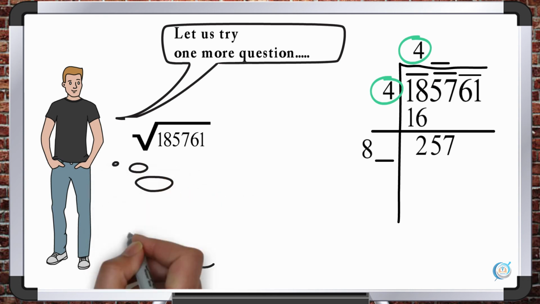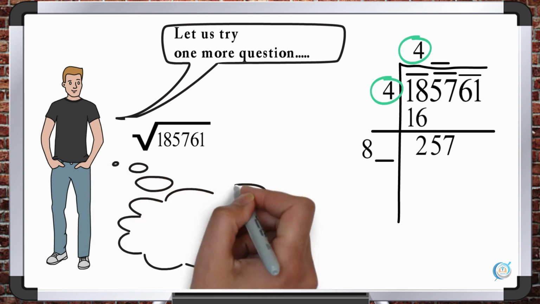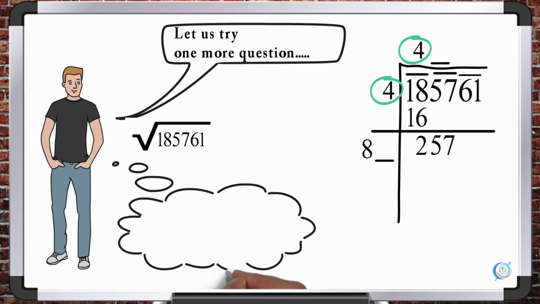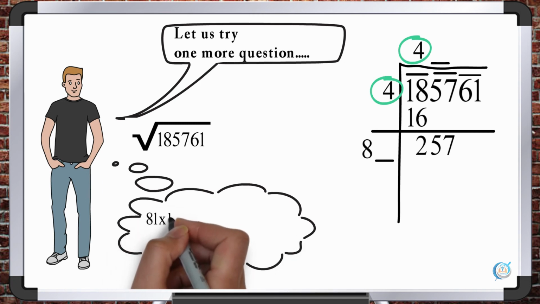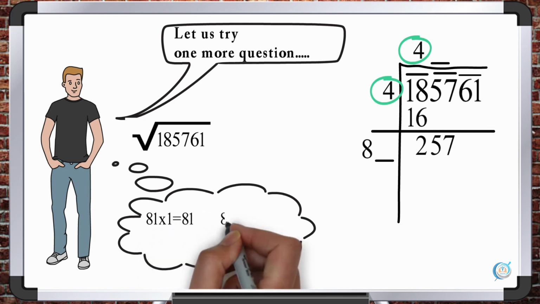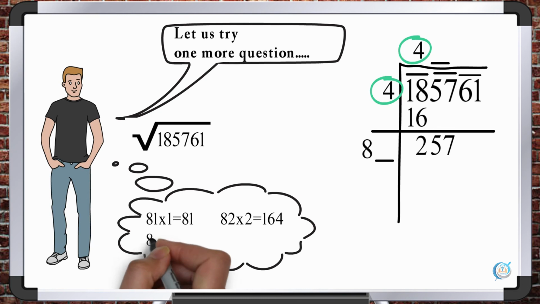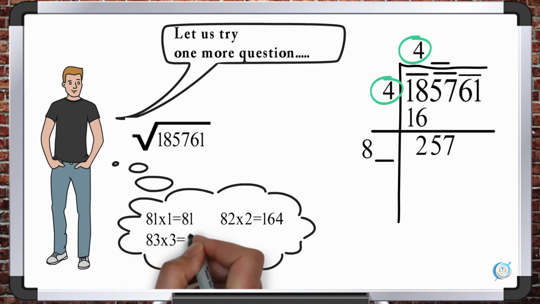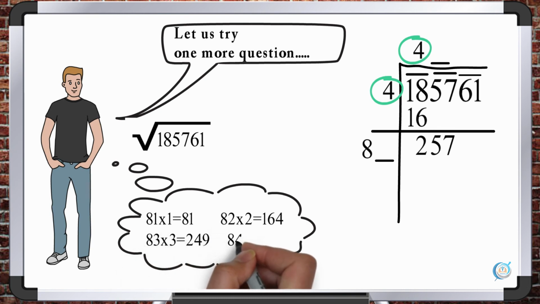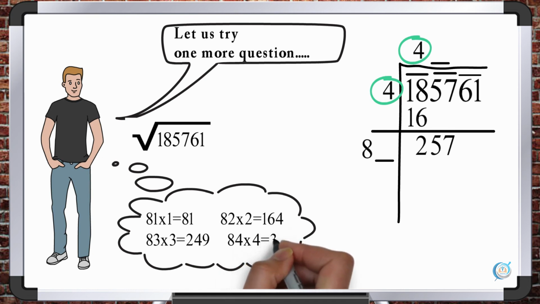So we'll try some multiples here. So first one, 81 into 1. So it will be 81 itself, and then 82 into 2. That will be 164. 83 into 3 will be 249, and 84 into 4 will be 336.